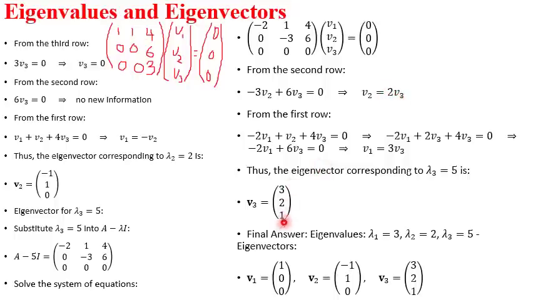So we just basically assume a 1 for V3, so that V2 equals 2 and V1 equals 3. So that is how to solve that.